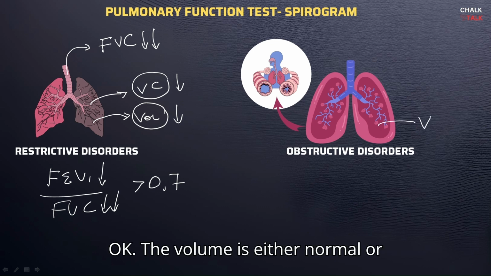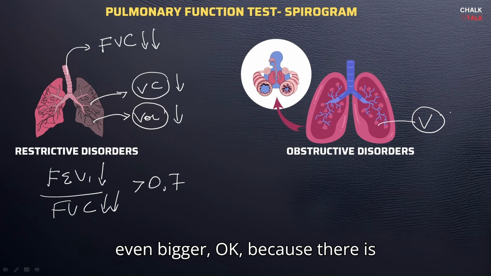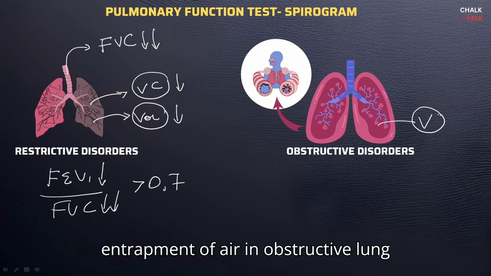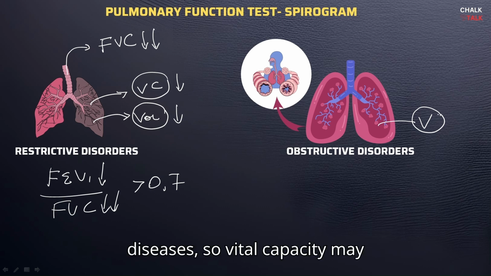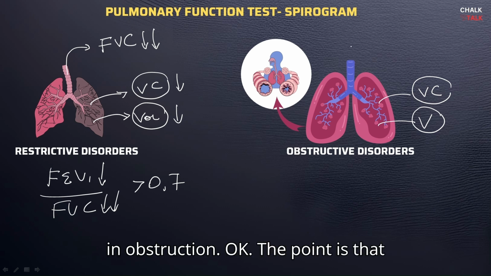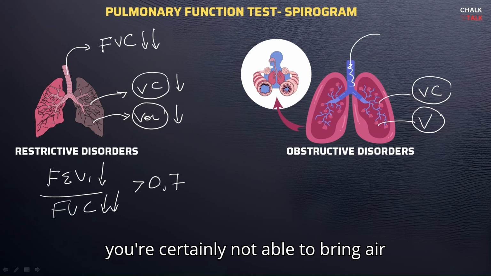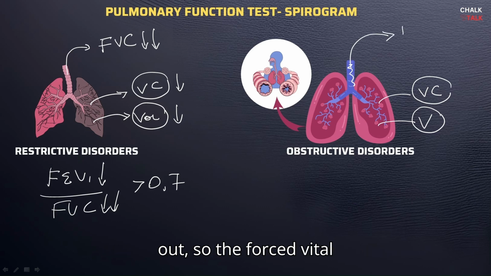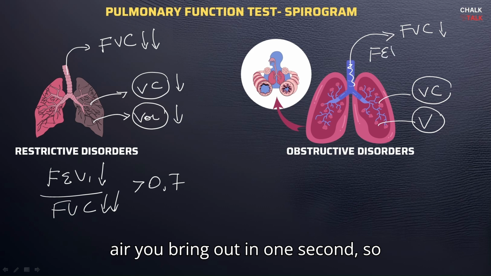On the other hand, if we take a look at an obstructive lung disease, okay, the volume is either normal or even bigger, okay, because there is entrapment of air in obstructive lung diseases. So vital capacity may remain the same. Hence, in obstruction, okay, the point is that you're certainly not able to bring air out. So the forced vital capacity is decreased, but it is not as substantial as the air you bring out in 1 second.